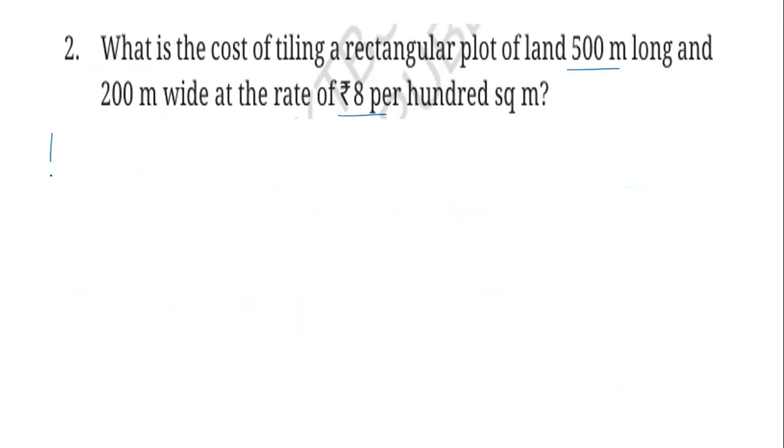Now, they given one rectangular land of 500 meter length and 200 meter width. Now L is equal to 500 meter and width is equal to 200 meter.